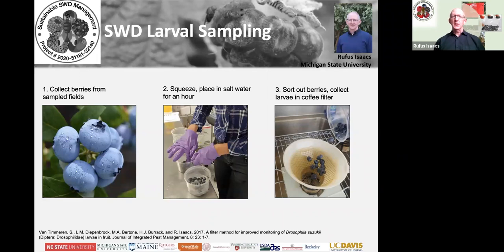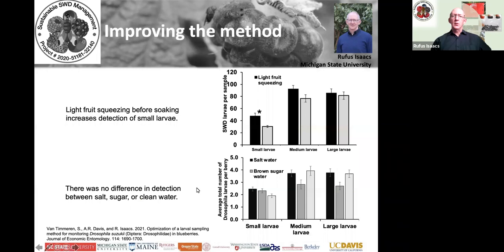Put that in salt water, and then this filter with some very coarse mesh sorts out the berries, and then the liquid flows through a coffee filter that's at the bottom and goes into the sink. That leaves you with a count of spotted wing Drosophila larvae per sample.